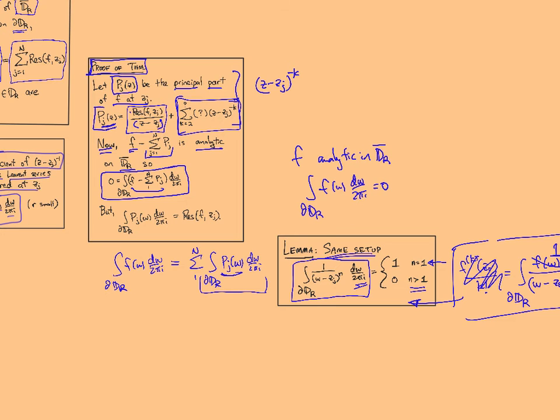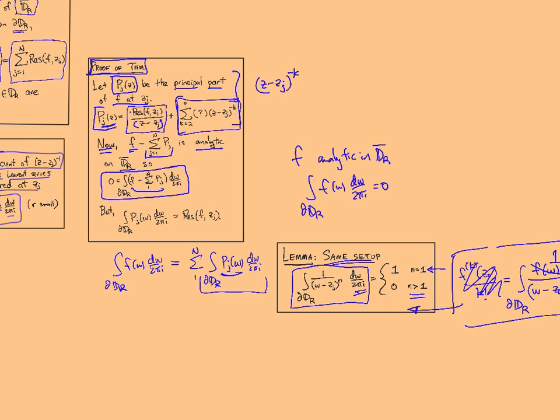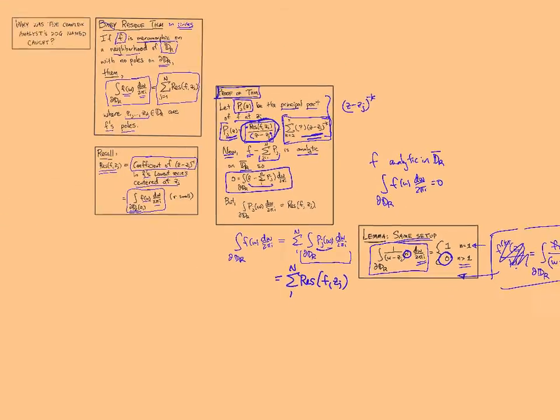The only term that will matter is the one with 1 over z minus zj, because for the other terms I get 0 in the integral, and so I'm just peeling off the coefficient, which is the residue. So you get the sum of the residues, and that proves this simple version of the residue theorem.